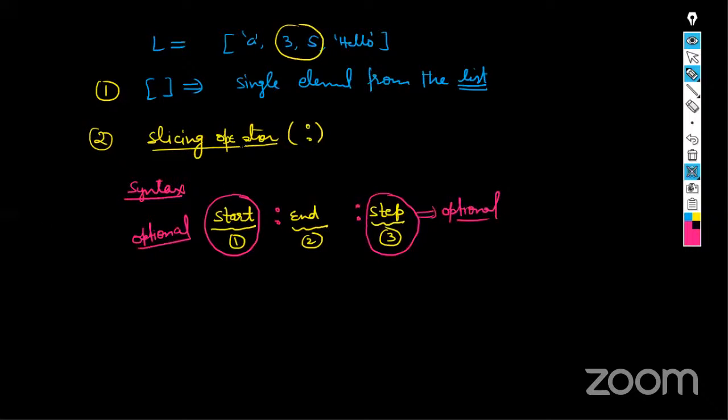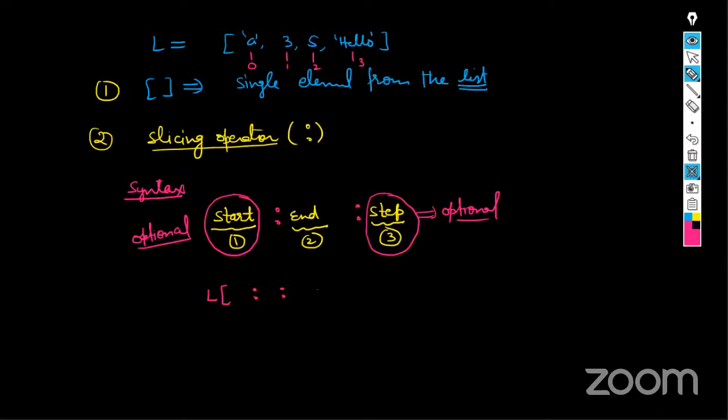So guys, let me take you towards this example list. Once again, let me draw it like this. This is location 0. This is 1. This is 2. This is 3, let's say. Now you want to extract these two elements, starting with 1. Within the bracket after L, you write colon operators.